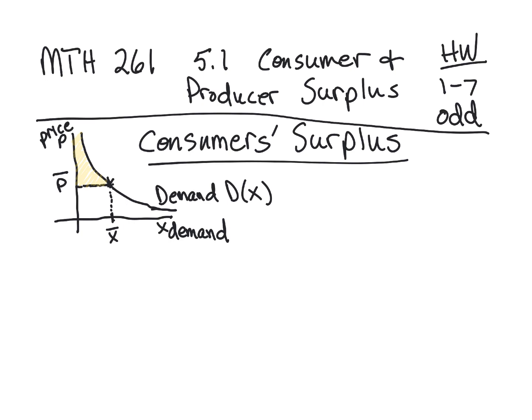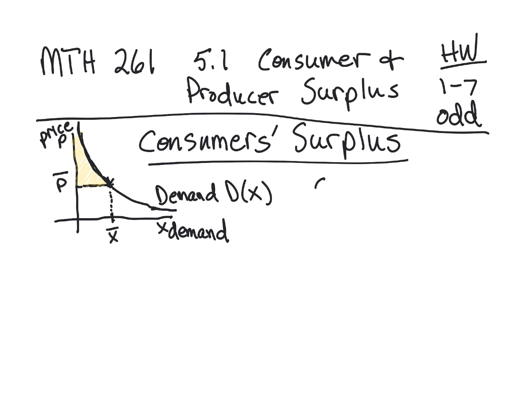But in a calculus class, you can see that this is just the area between the demand curve right here and the P bar line, which is just Y equals P bar, right? So you're finding the area between two curves. And how do we do that with calculus?